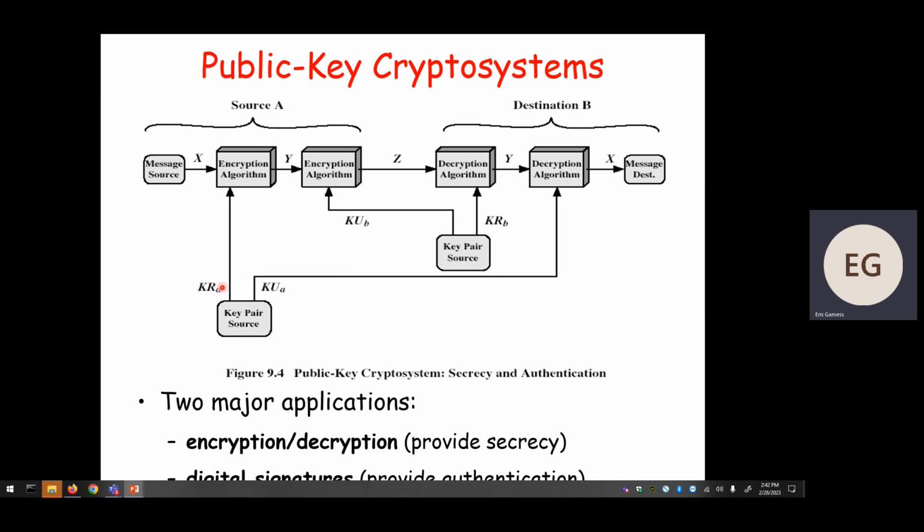The public key, she shares with everybody, so she shares it with Bob. Bob also has his public key, KUB is the public key of Bob, and KRB is the private key of Bob. Of course, Bob shares his public key, so Alice has the public key of Bob.